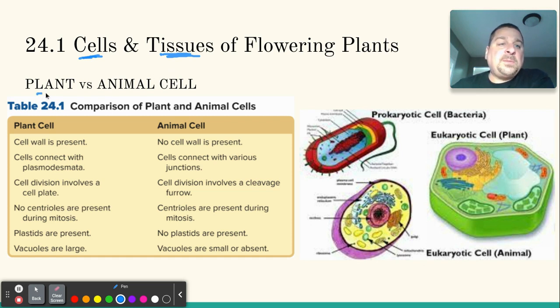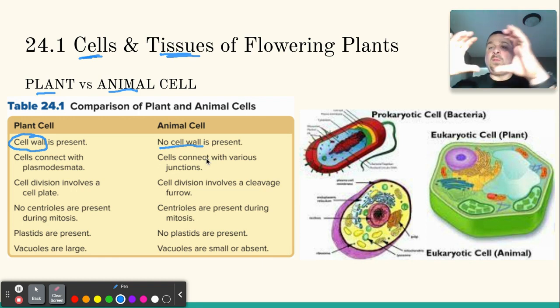First, just a little review between plant and animal cells, the differences. One of the big ones we learn in Bio 1 is plant cells have cell walls and animal cells do not. Cell junctions we talked about earlier this year: plant cells use plasmodesmata, animal cells use gap junctions, tight junctions, things like that. Cell division involves a cell plate.